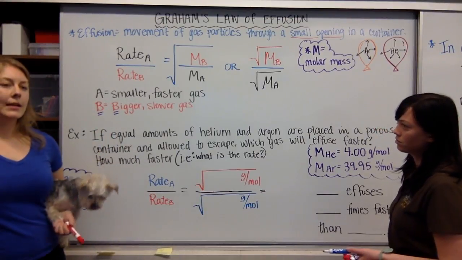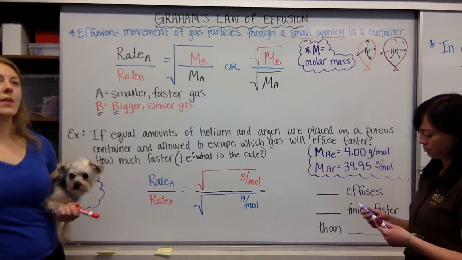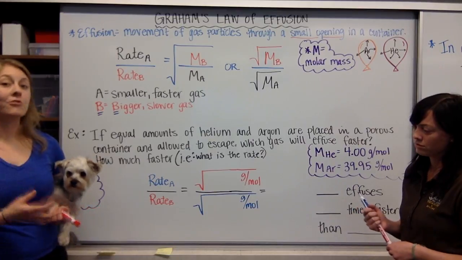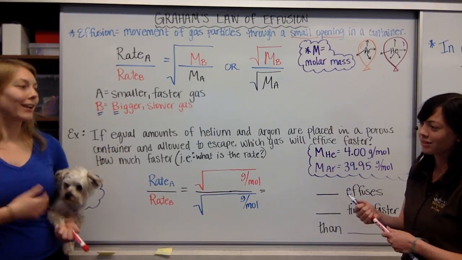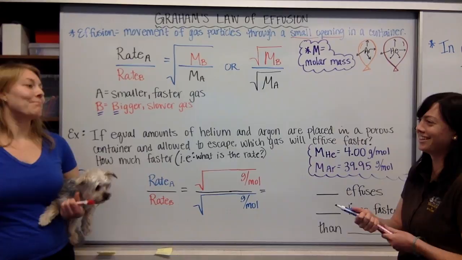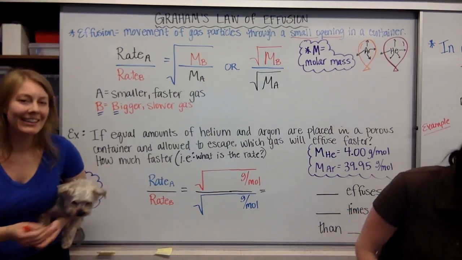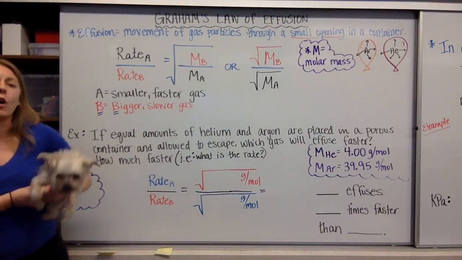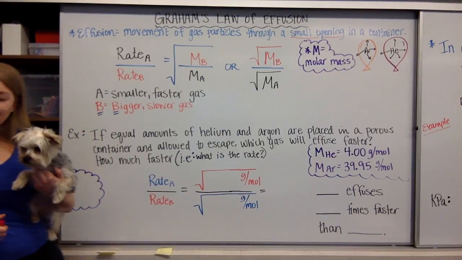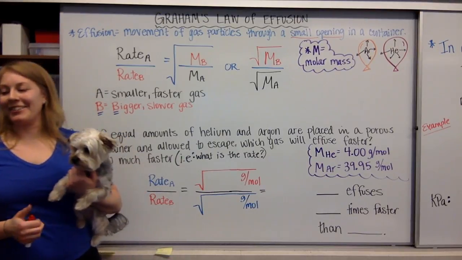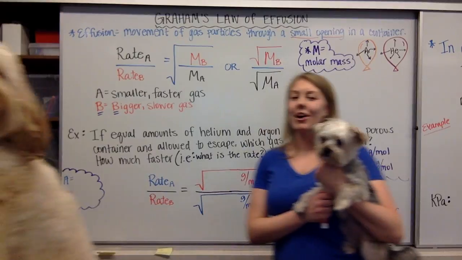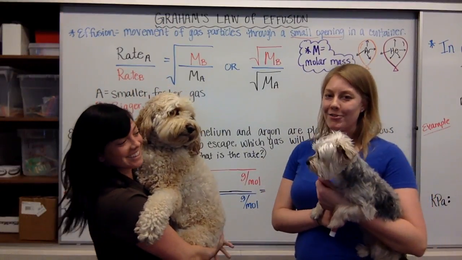So think about 2 people running. One extremely small person, or 2 dogs running. One extremely small dog. Ella and Wally. We should pick up Wally. So if we have Ella and Wally going for a run, which dog do you think is going to run faster? Okay?